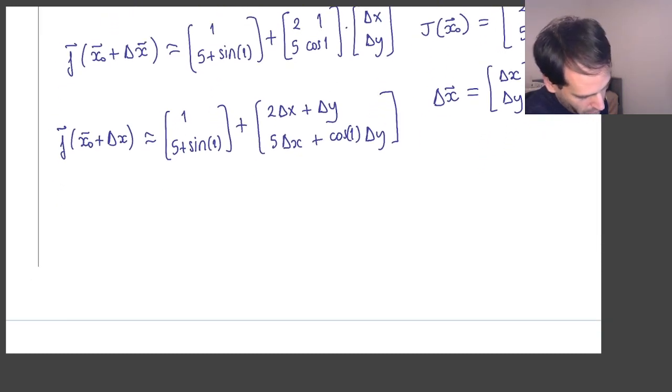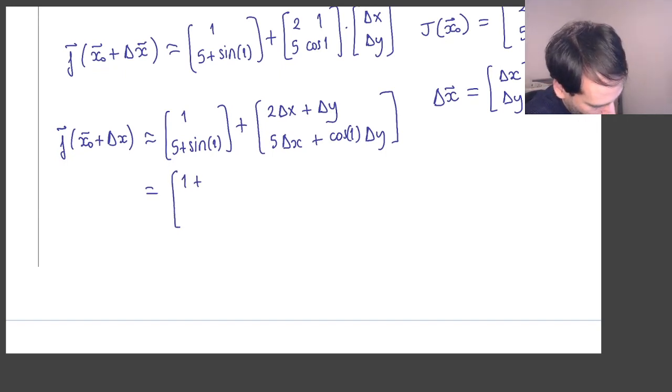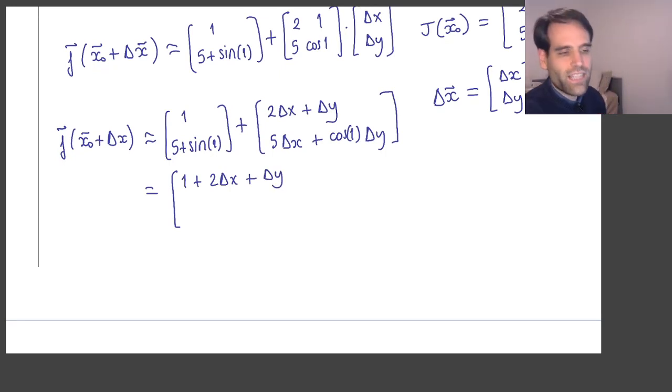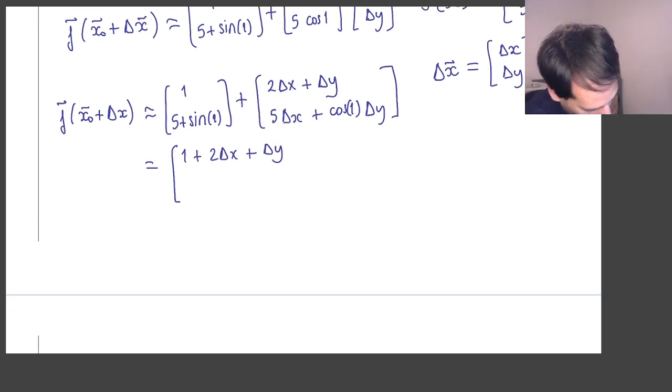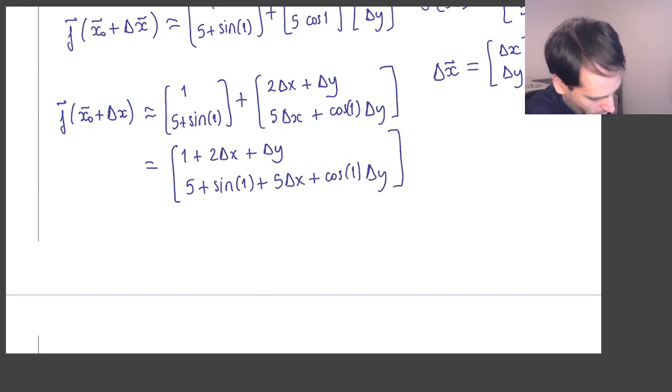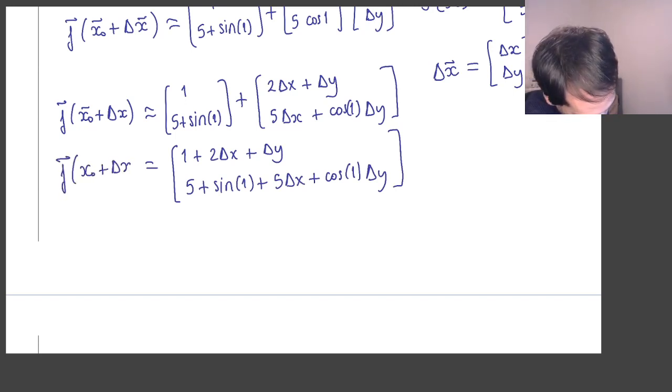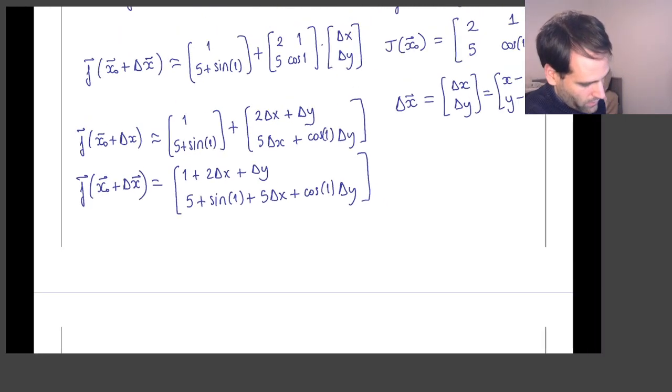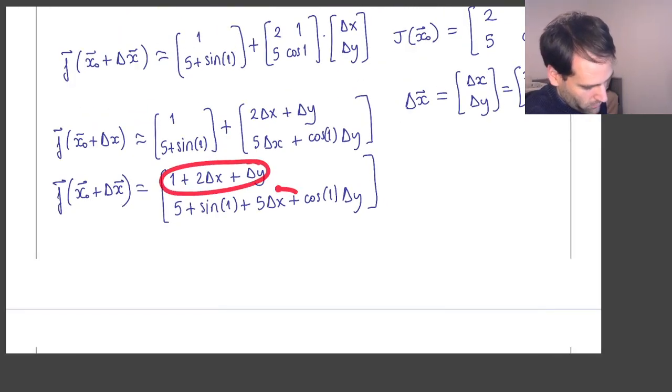So if we now add those two vectors, this is equal to a vector with 1 plus 2 delta x plus delta y as the first element, and 5 plus sine of 1 plus 5 delta x plus cosine 1 times delta y as the second. So you can see that we have arrived at a function that has two outputs.